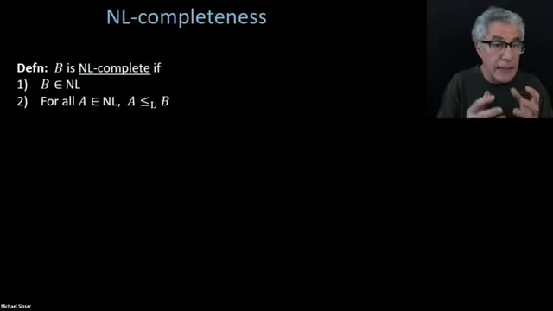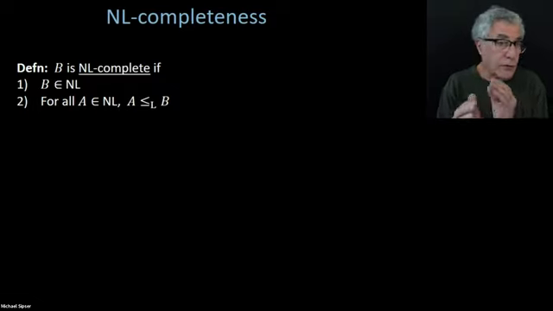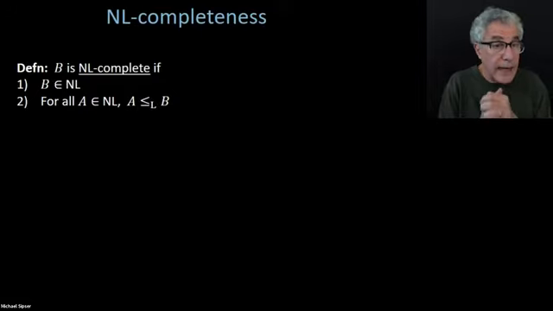Here we're going to have exactly analogous situation for NL, where we're going to show problems where all other NL problems are reducible to them. So if you can kind of solve one of these NL complete problems in log space deterministically, then you solve all of NL problems in log space deterministically.